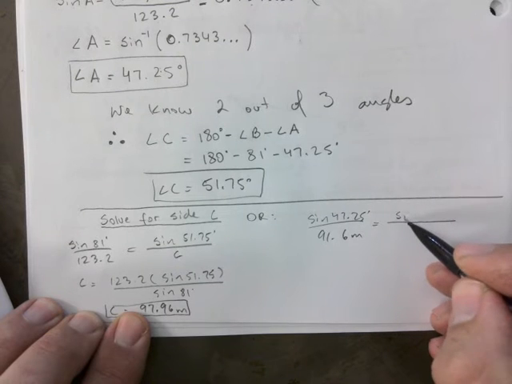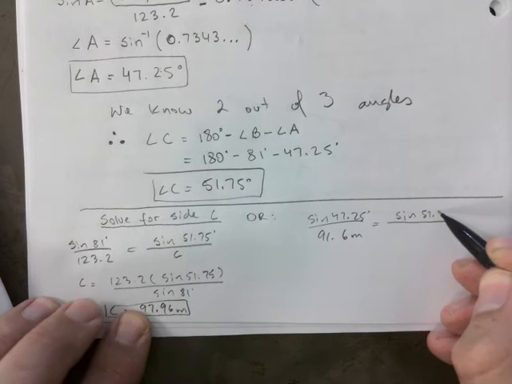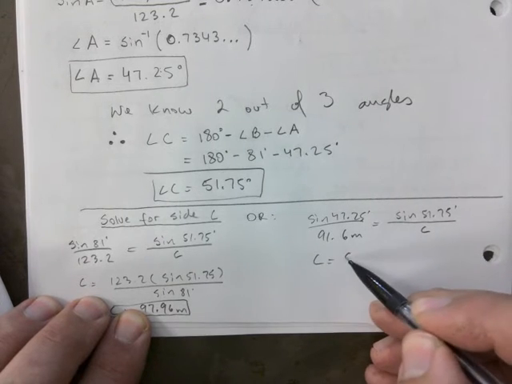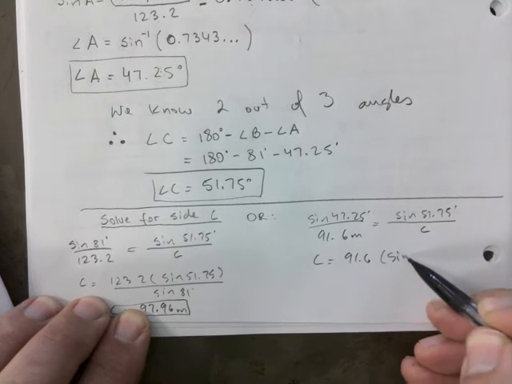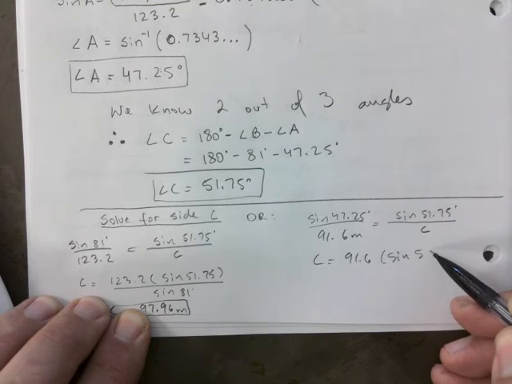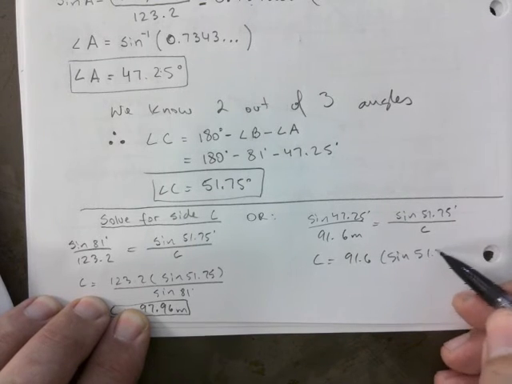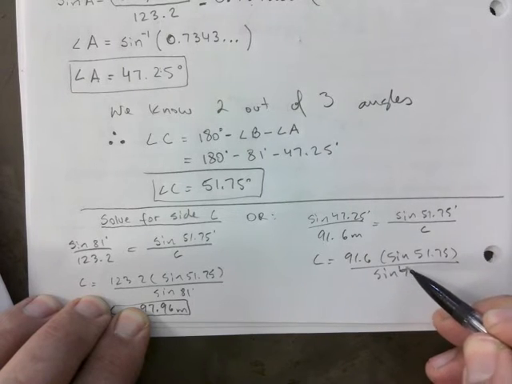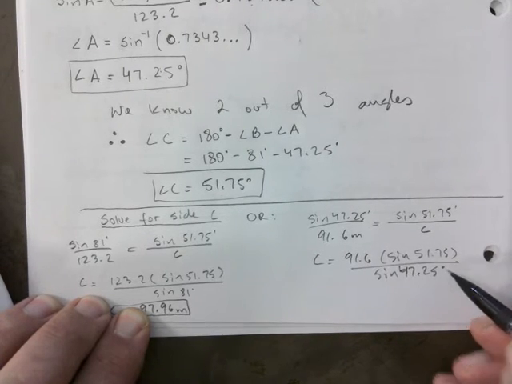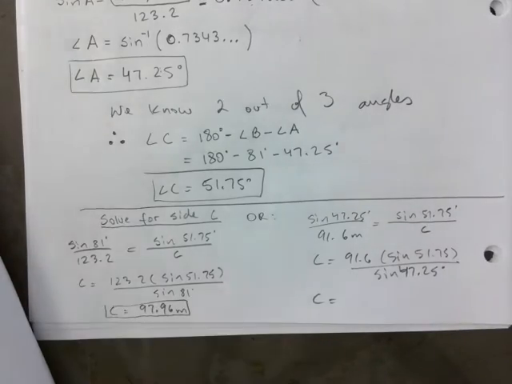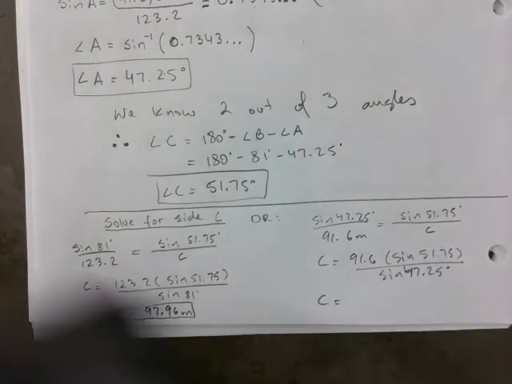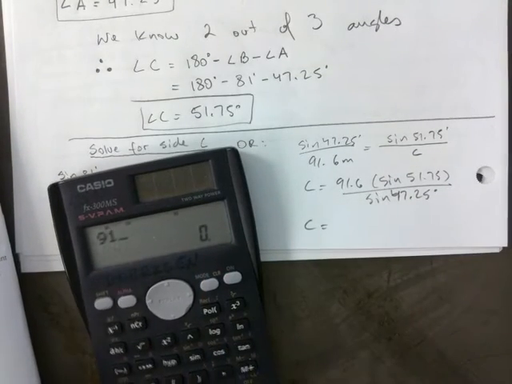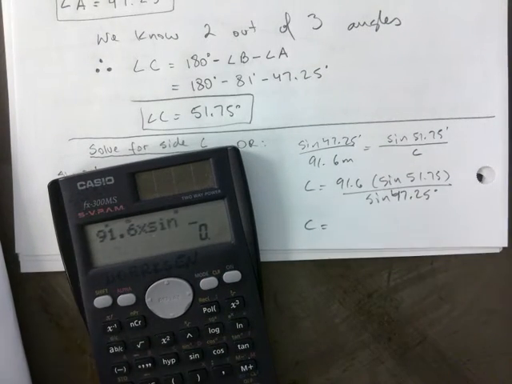And this is sine of 51.75 over C. C is therefore 91.6 times sine of 51.75 divided by sine of 47. At least type this in with me, okay? You don't need to, if you don't want to copy this, this is fine. But I encourage you to do so. Let's just double check because we could be wrong, right?